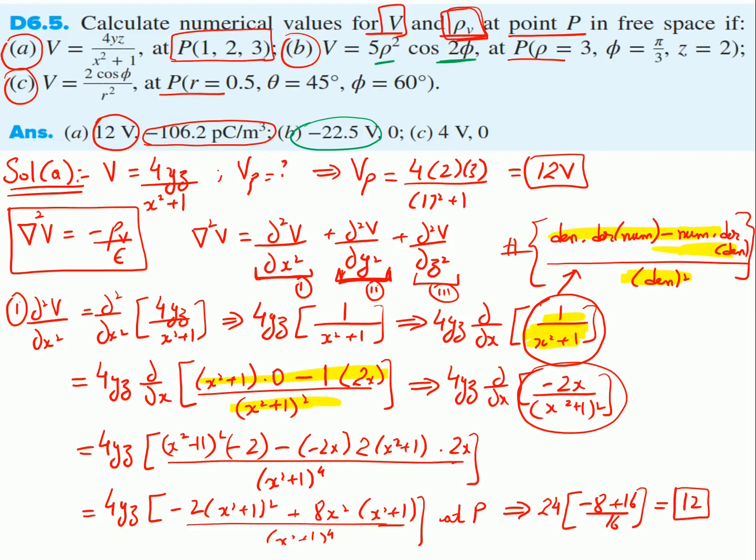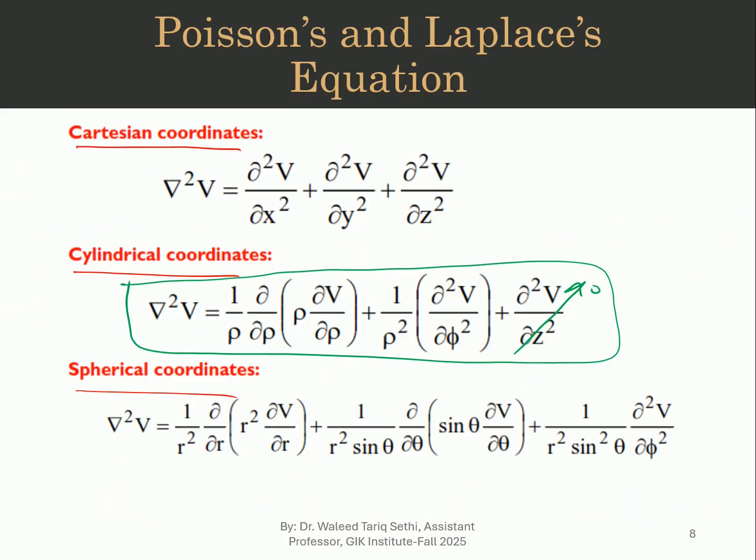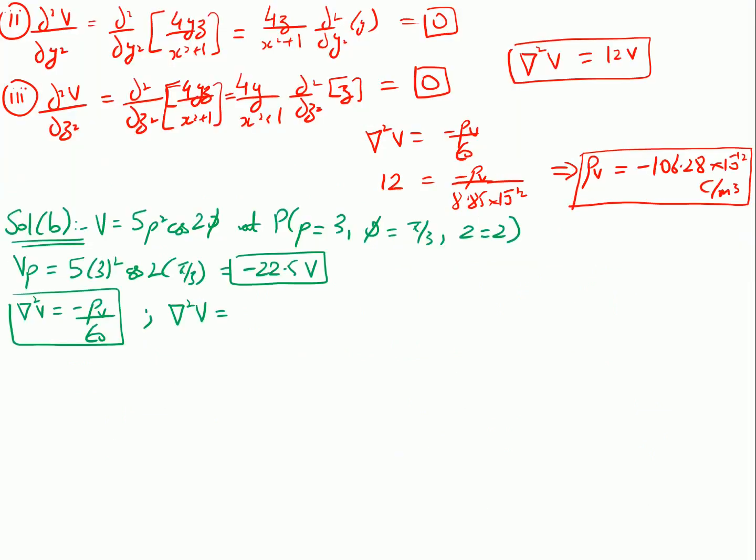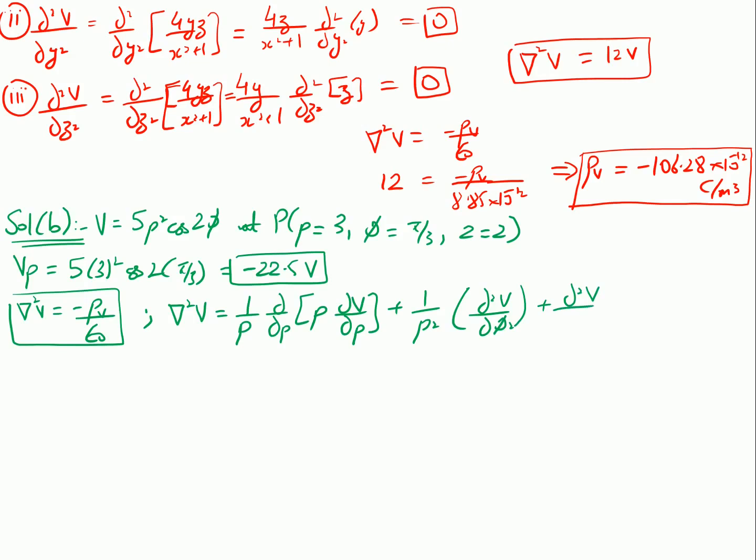So this means automatically this third part will be equal to 0. So I'll just write the equation for the first two terms. It is going to be 1 by rho, partial derivative with respect to rho of rho times partial derivative of v with respect to rho, plus 1 by rho square, del square v by del phi square, and the third term is always 0 because there is nothing over here, so I'm just going to make it 0.